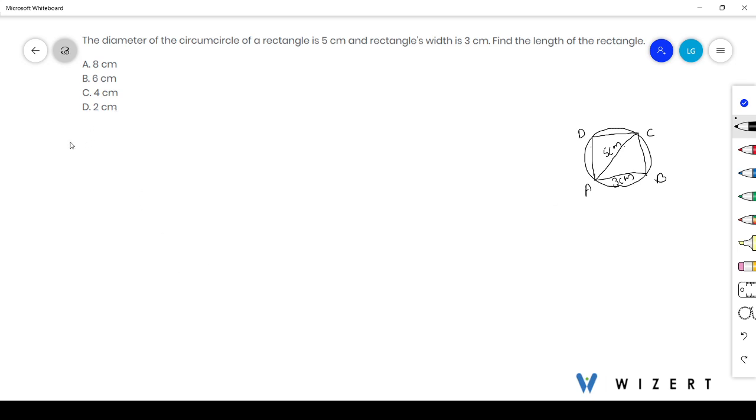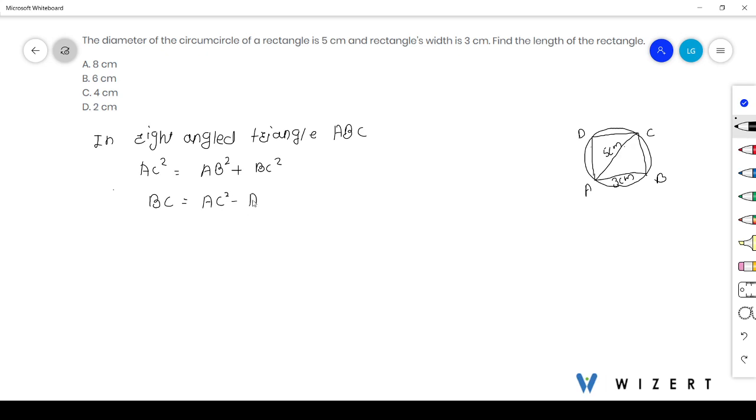Now, as it is a rectangle, in the right angled triangle ABC, by Pythagoras theorem, AC square will be AB square plus BC square. So BC square will be AC square minus AB square.